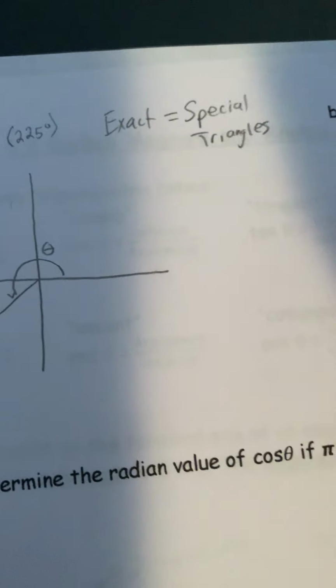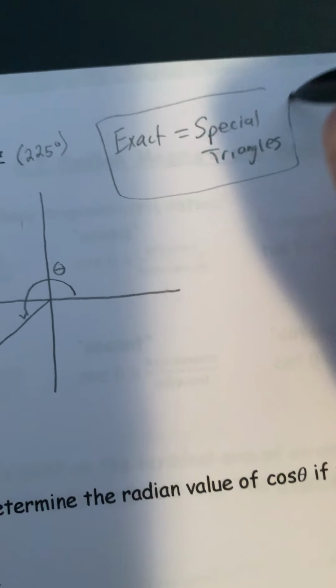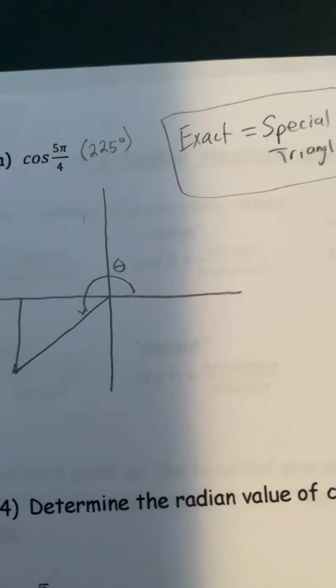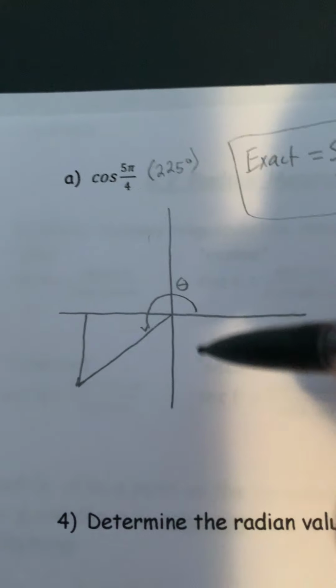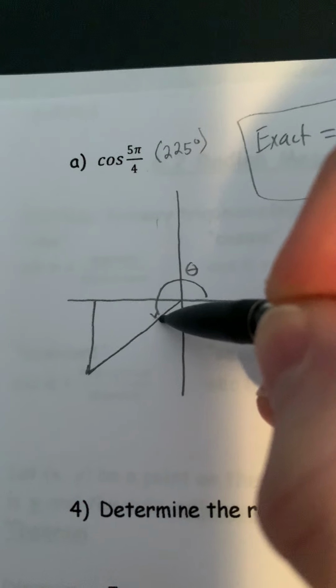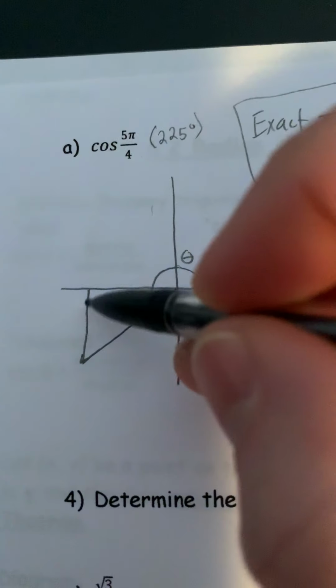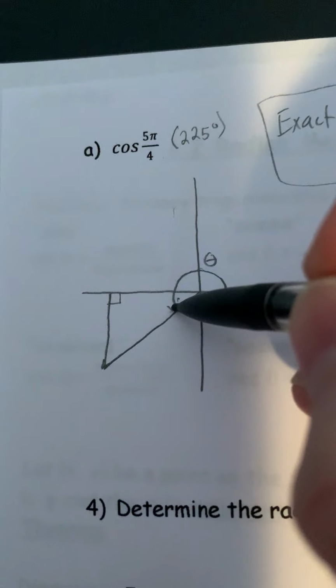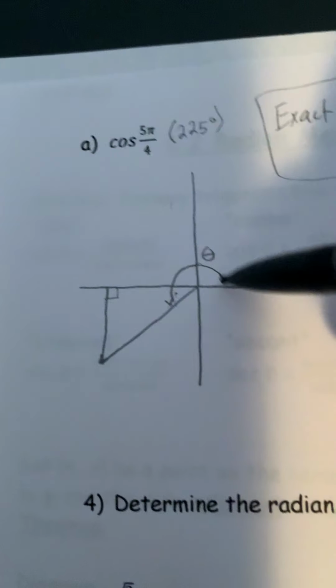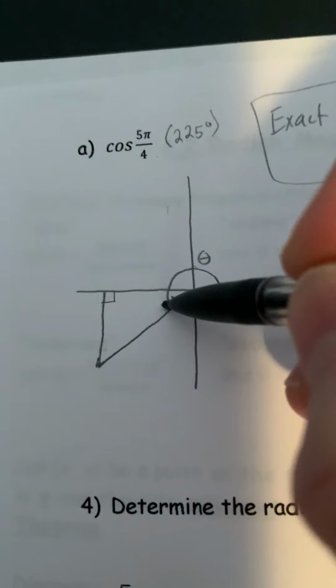Whenever you see exact value, you're going to be looking at special triangles almost always. But in order to use a special triangle, we need to have an acute angle. This is a large angle, so we need the acute angle here.